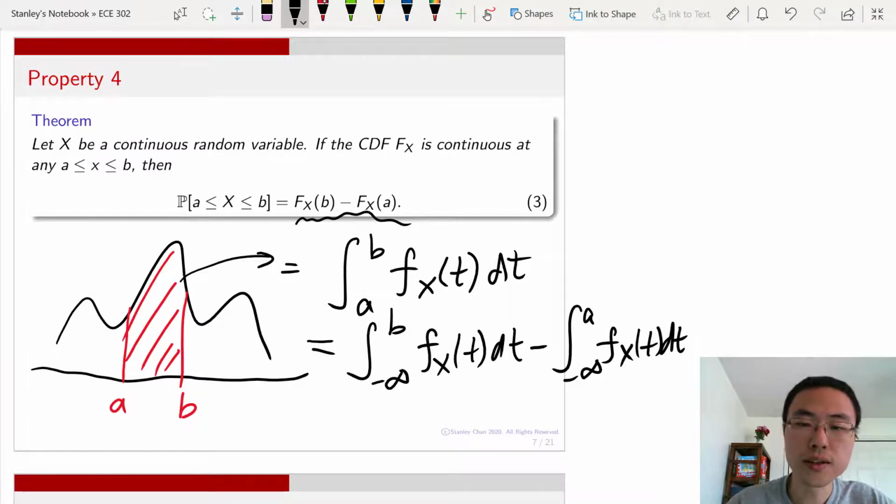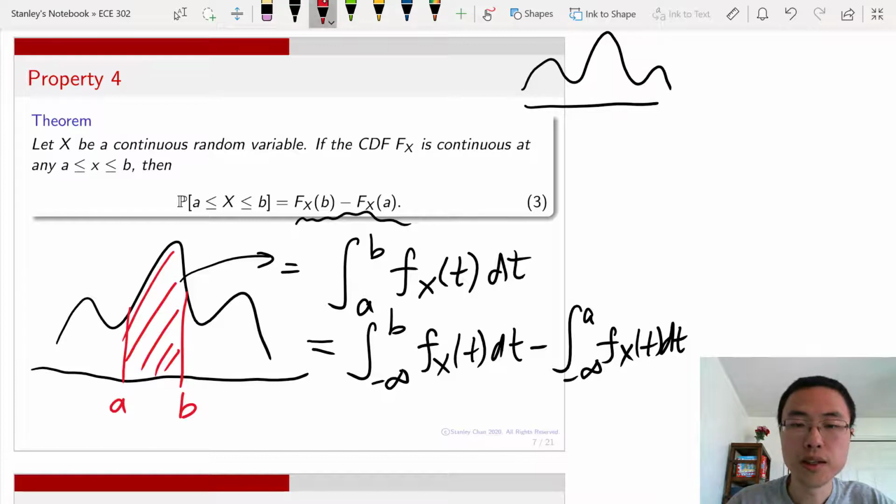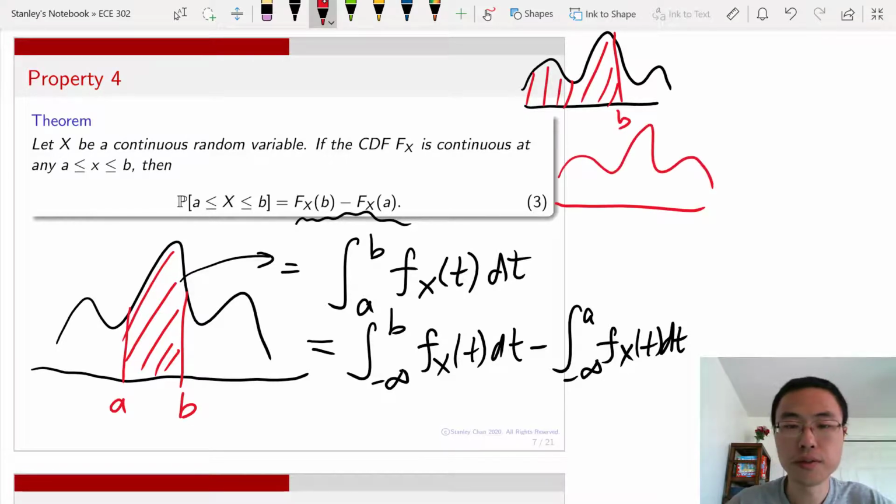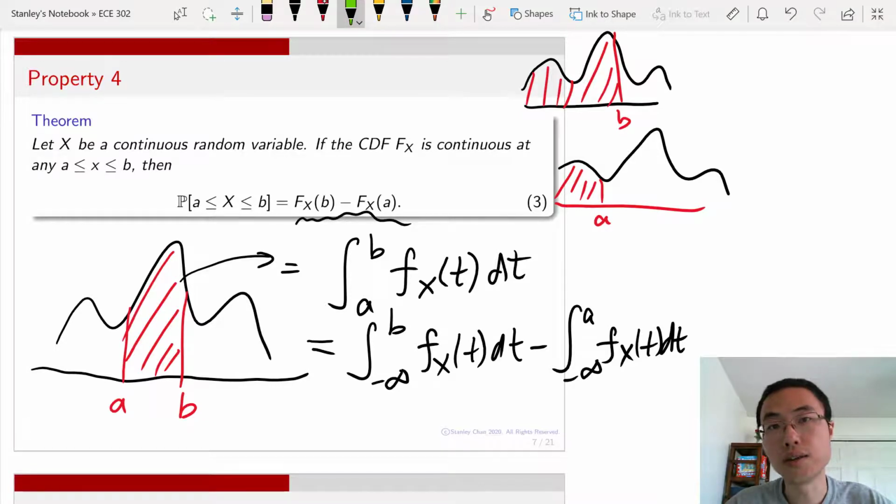Now, why is that? Well, this is because this function can be written as the integration from minus infinity all the way to b, and then we subtract this function, which is the same function evaluated all the way to a. So you can see that here is the area under the curve up to b minus the area under the curve up to a.